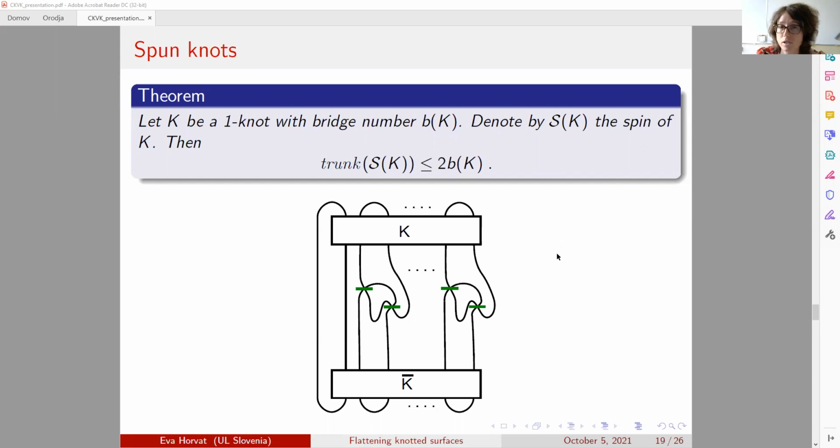And then we just need a simple argument that takes into account that the difference between the region multiplicities of two adjacent regions is always equal to 0 or 2.